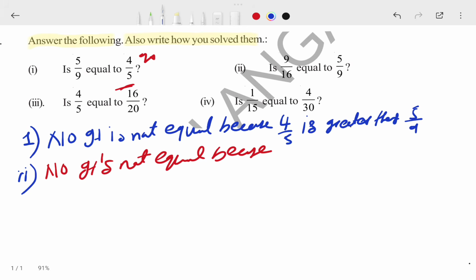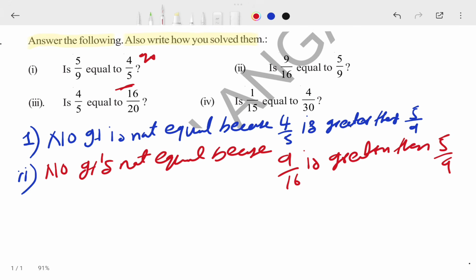It is not equal because 9 by 16 is greater than 5 by 9. Is it clear to you?